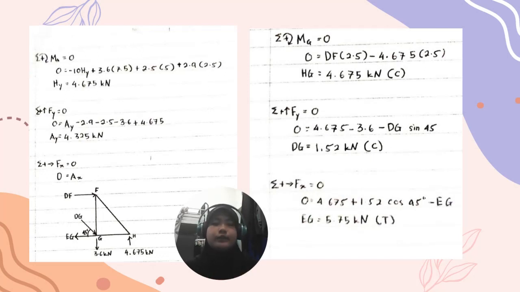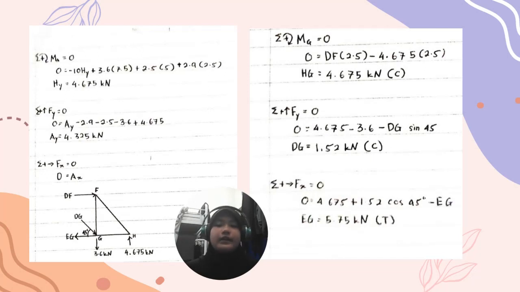And then the next one is to find the total force for y-axis. So for this one is for point G. So total force for y-axis is equal to 0, and then 0 equal to 4.675 minus 3.6, and then minus dg sine 45.